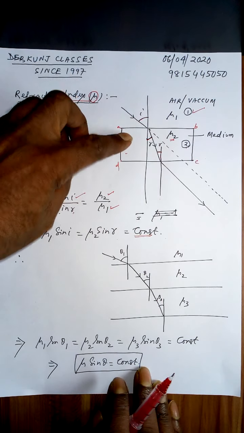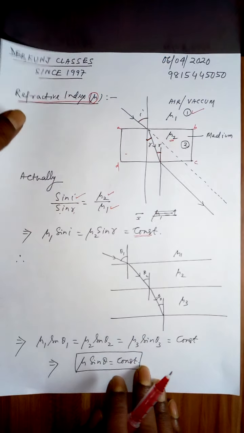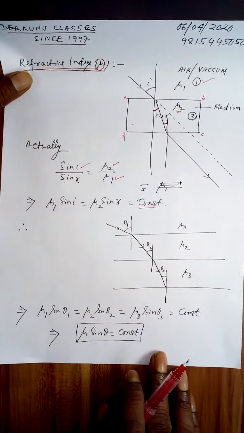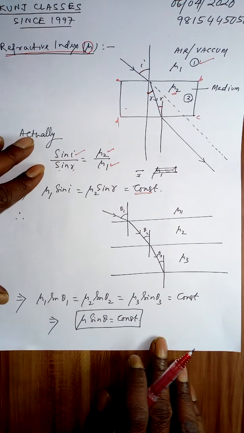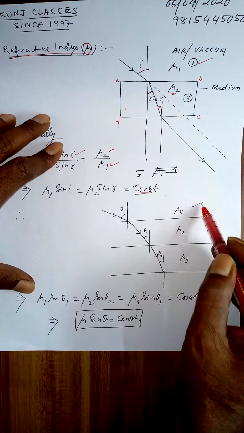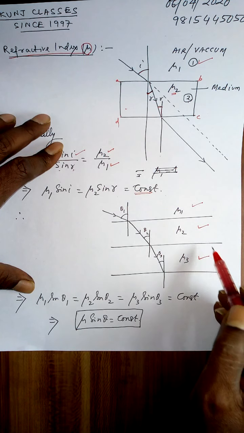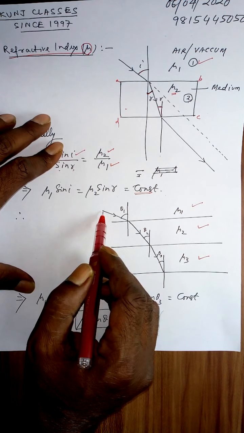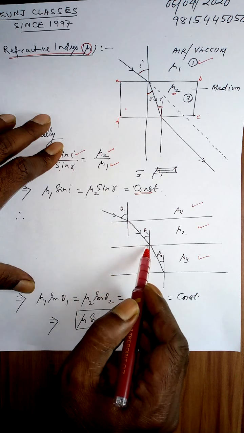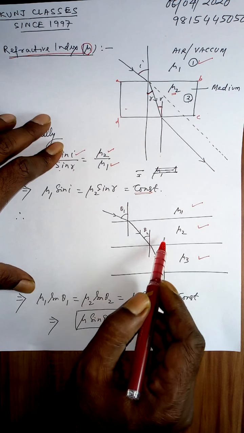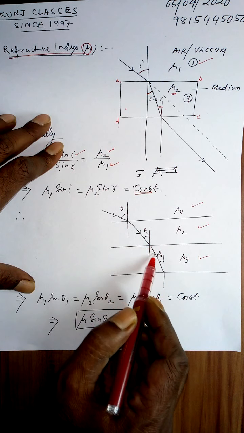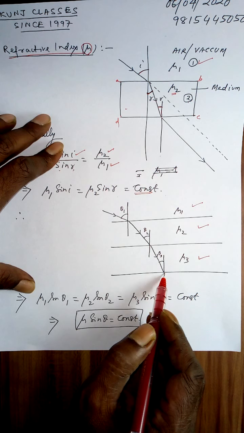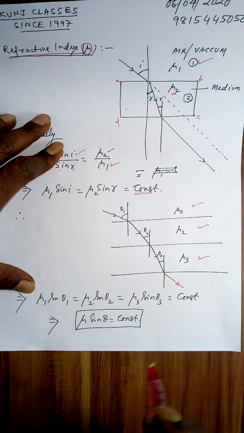Suppose we don't have two mediums, we have more than two. Like in this case, this is medium 1, this is medium 2, this is medium 3, refractive index mu1, mu2, mu3. Incident ray, refracted ray. For this medium, this is the incident ray, this is the refracted ray. For this medium, this is the incident ray and this is the refracted ray.